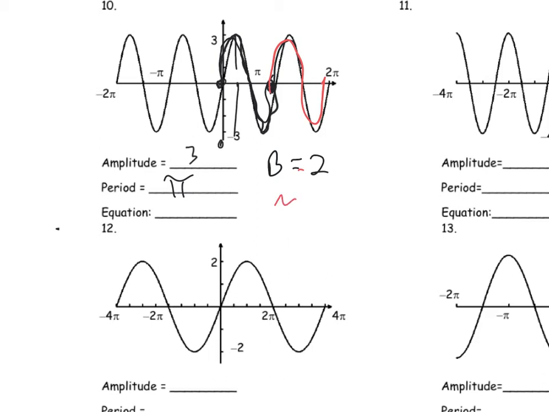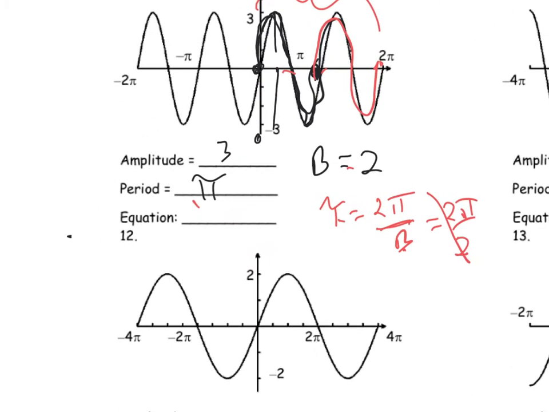My period is always 2 pi divided by the frequency, b. So the frequency is how many pictures will I make in the 2 pi region. Well, that distance here is 2 pi. I made 2 pictures. So my period is 2 pi over 2. Cancels out. My period is pi, which is what I said to begin with.